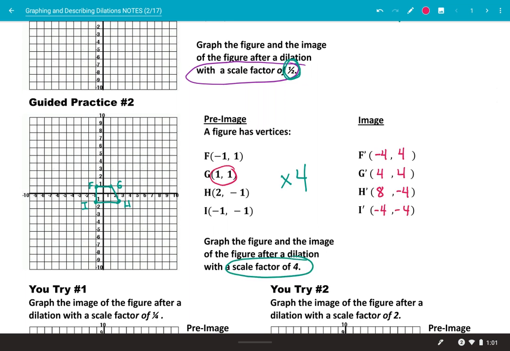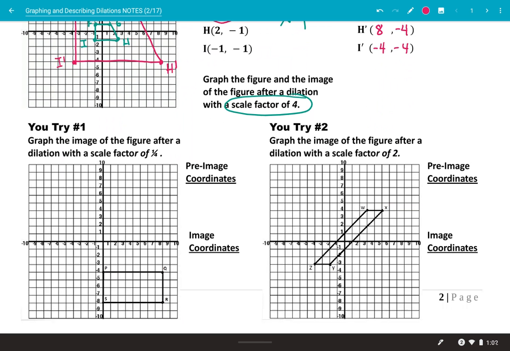At -4, 4, we can see that F prime is definitely bigger. Don't forget the apostrophe. And 8, -4. And then we can see our new shape is definitely 4 times as big.